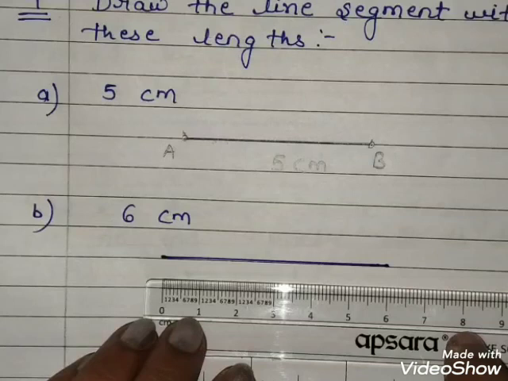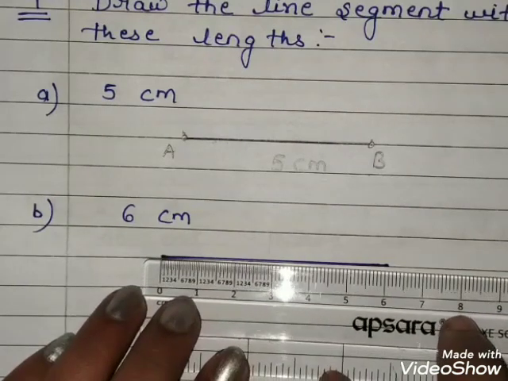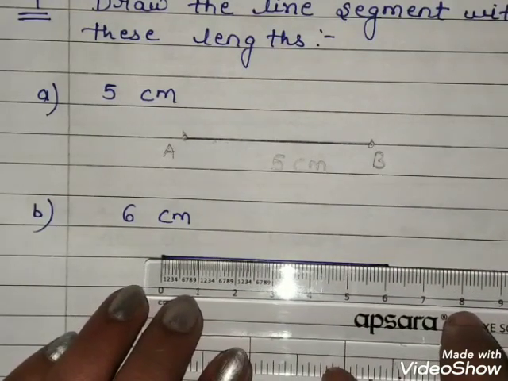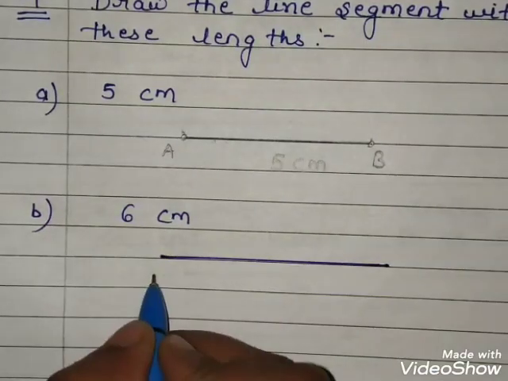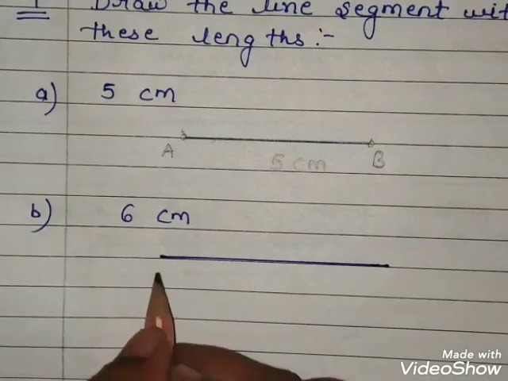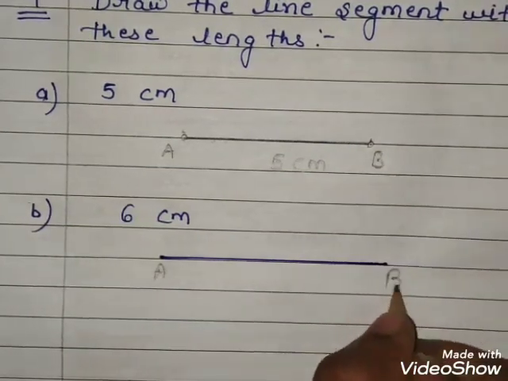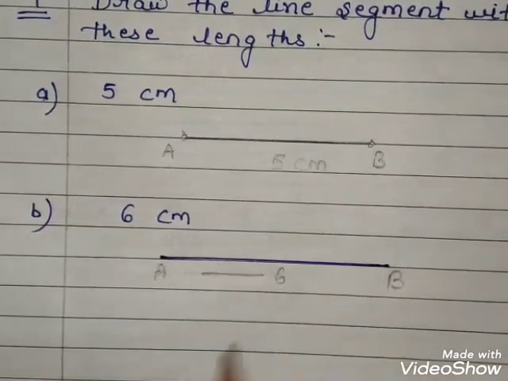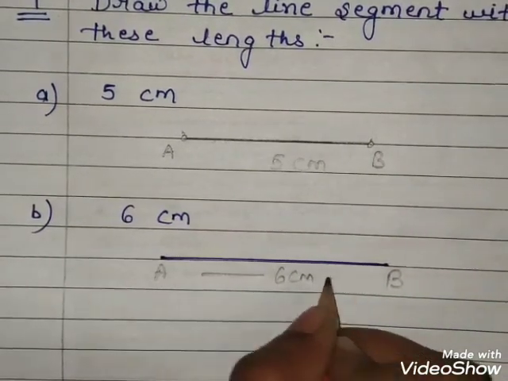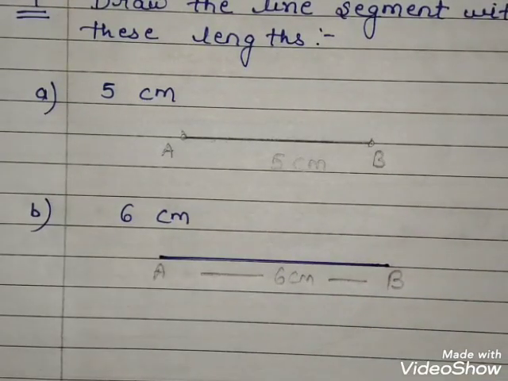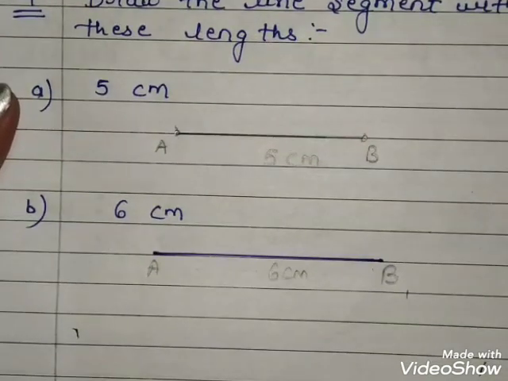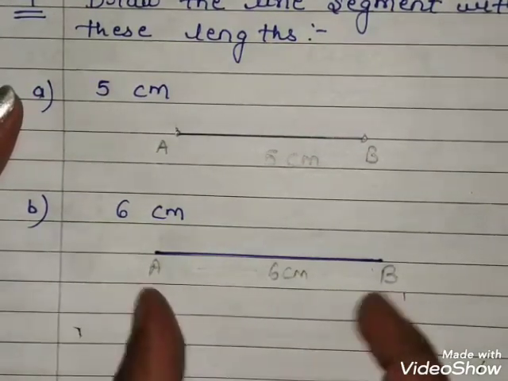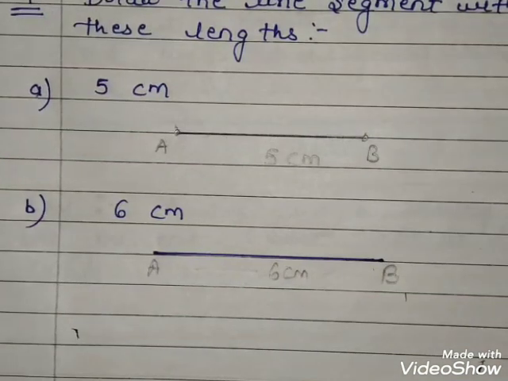So we can see that we have got one line of length exactly 6 centimeters. Again we have got one line AB and it is of 6 centimeters. Otherwise, we can simply write that this is the line segment AB of length 6 centimeters.